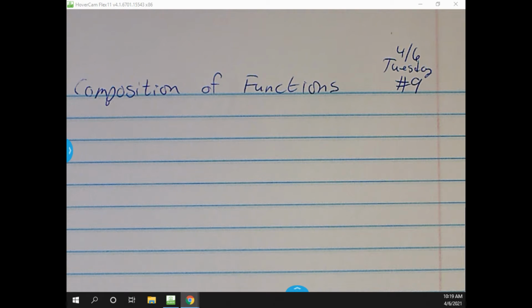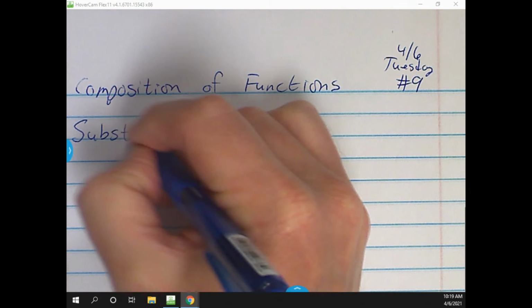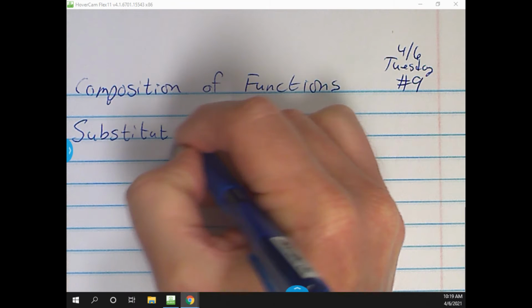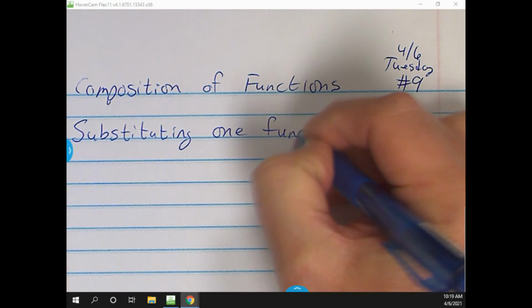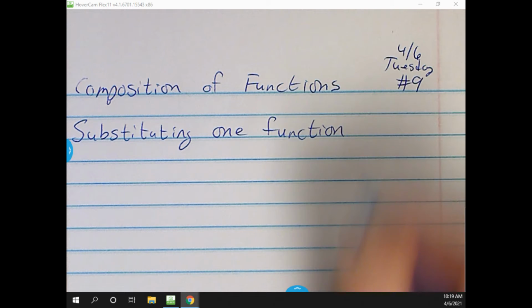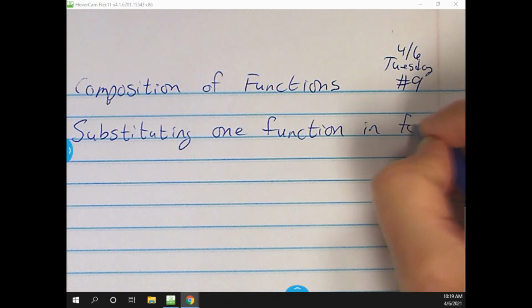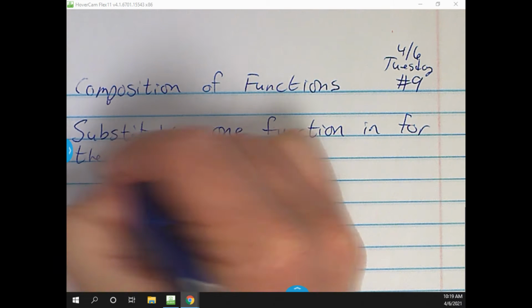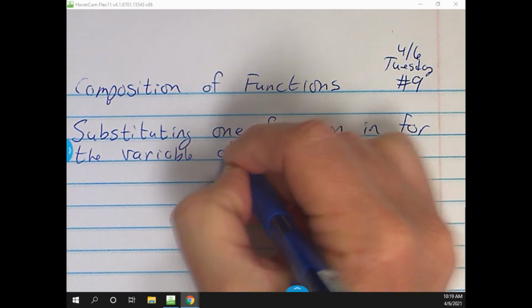With composition of functions, basically what you're doing is you're substituting one function in for the variable of another function.